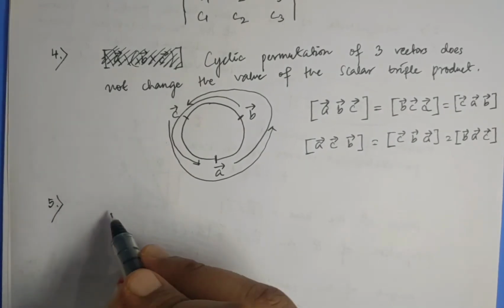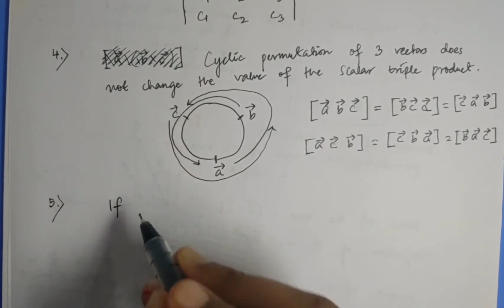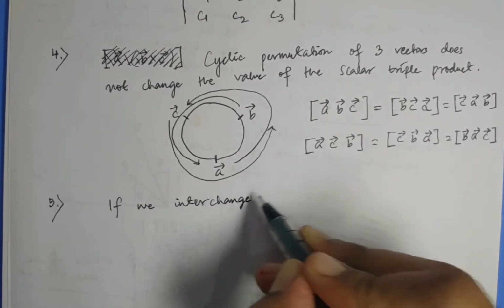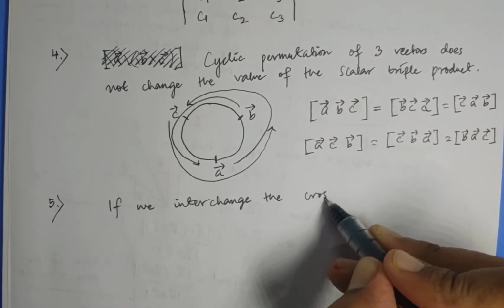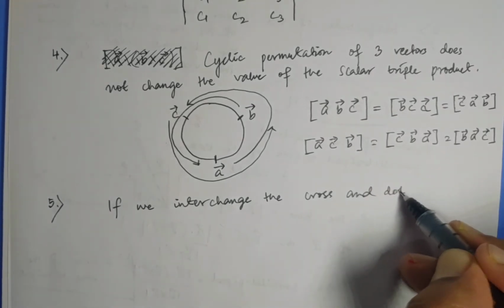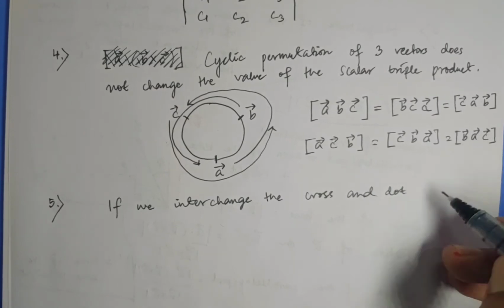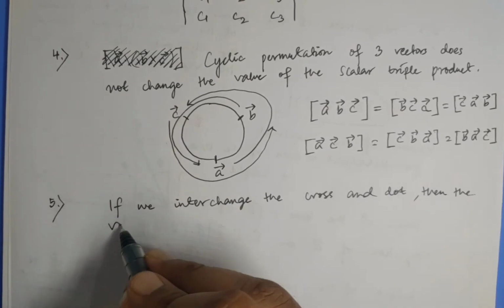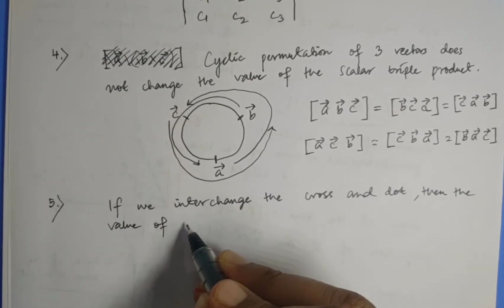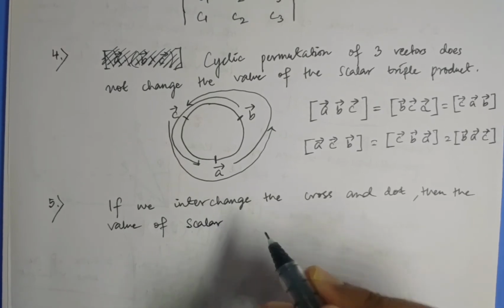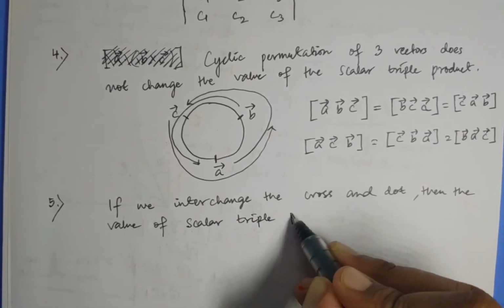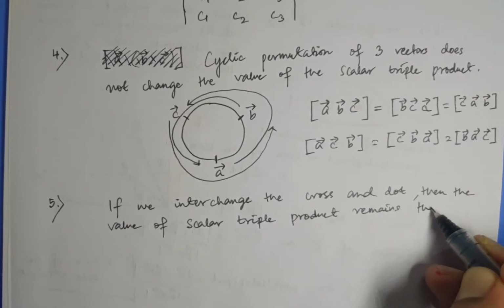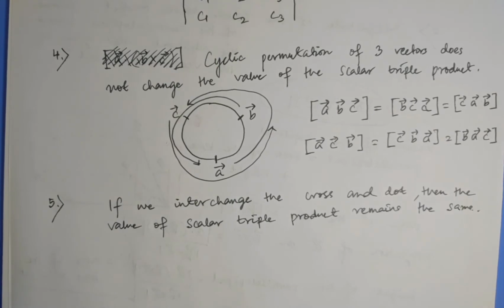If we interchange the cross and dot, then the value of the scalar triple product remains the same.